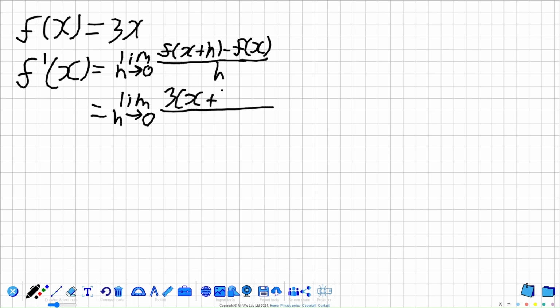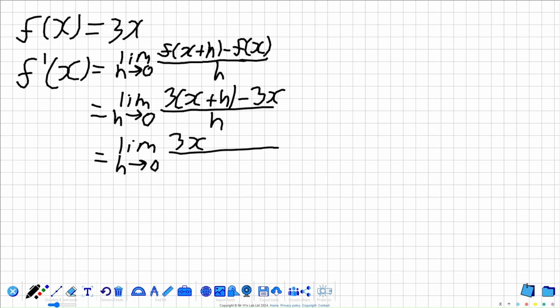We'll write that out as 3(x + h) minus 3x over h, and we don't need to do anything with the h's yet. And what we do here is we're going to evaluate all of the parts that we have. So we have 3x plus 3h minus 3x.